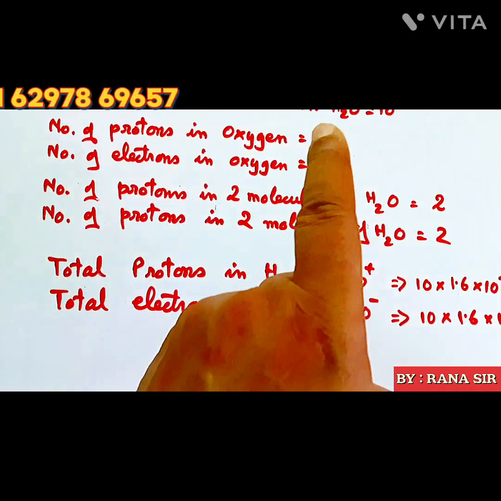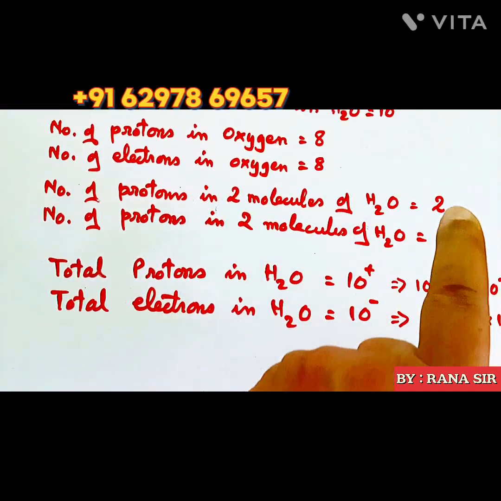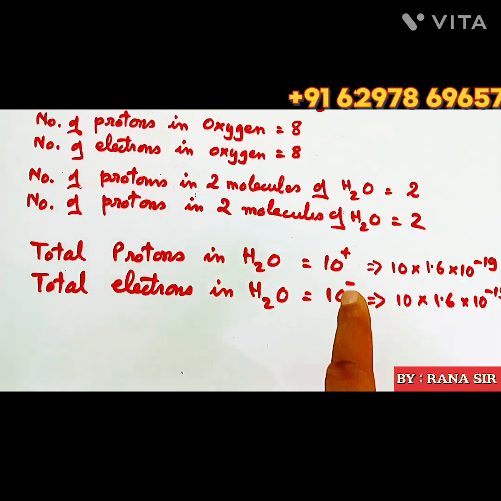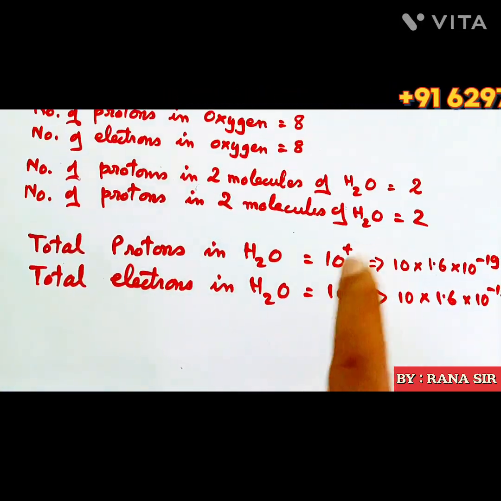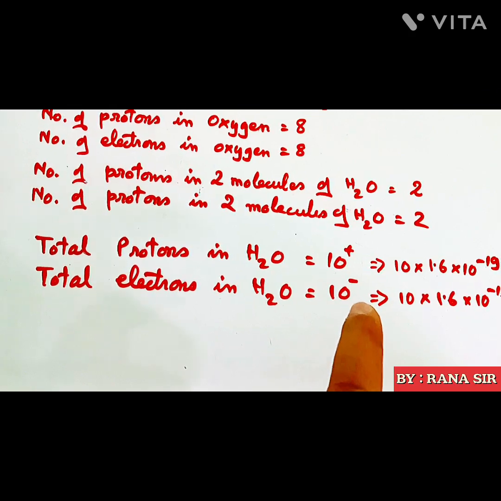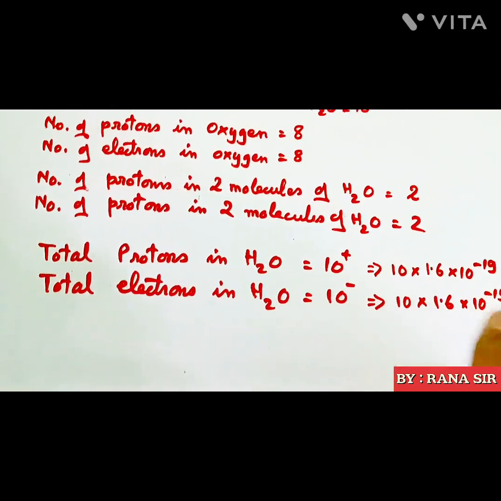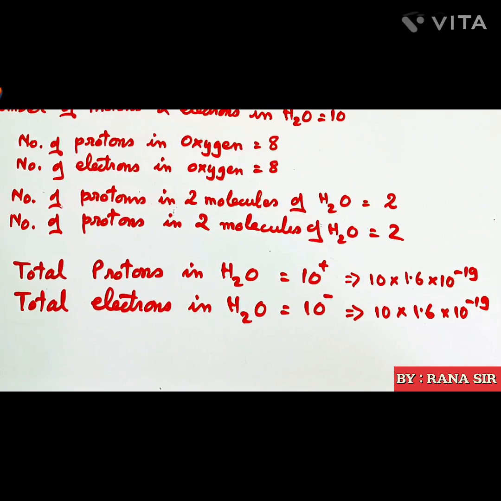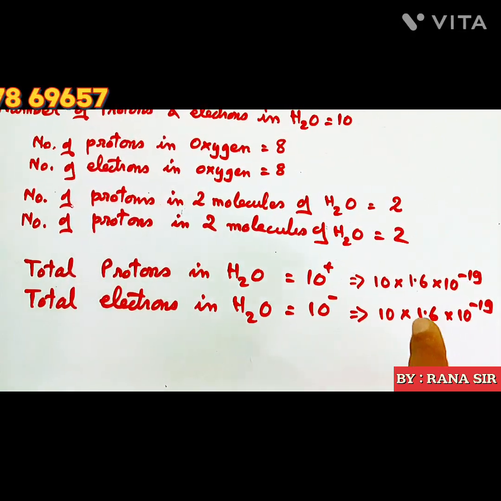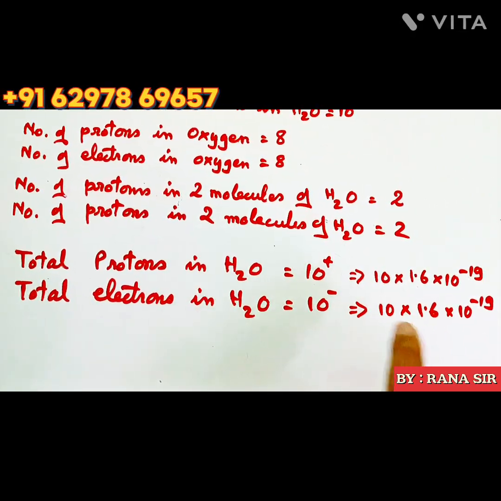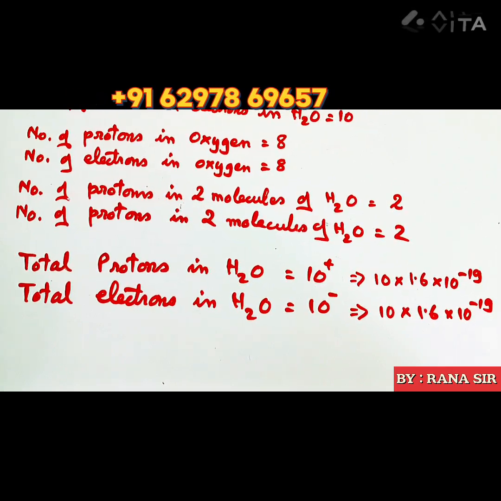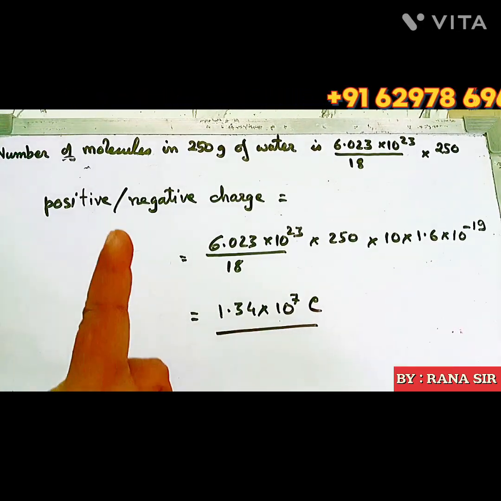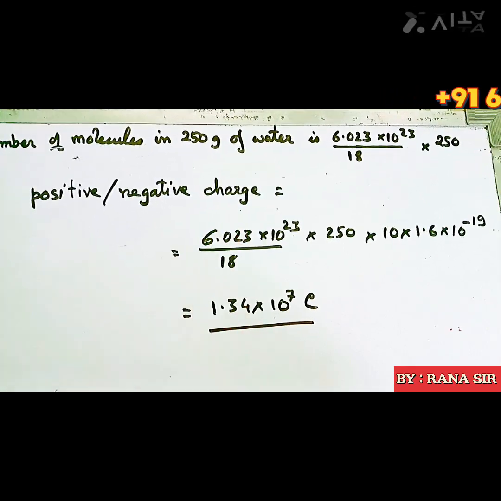So 8 positive, 8 negative, 2 positive, 2 negative. So the number of protons is 8 plus 2, 10 positive. Number of electrons, 10 negative. Total positive charge is 10 into 1.6 into 10 to the power minus 19, and similarly the negative charge. So we have found out the negative or positive charge of 10.